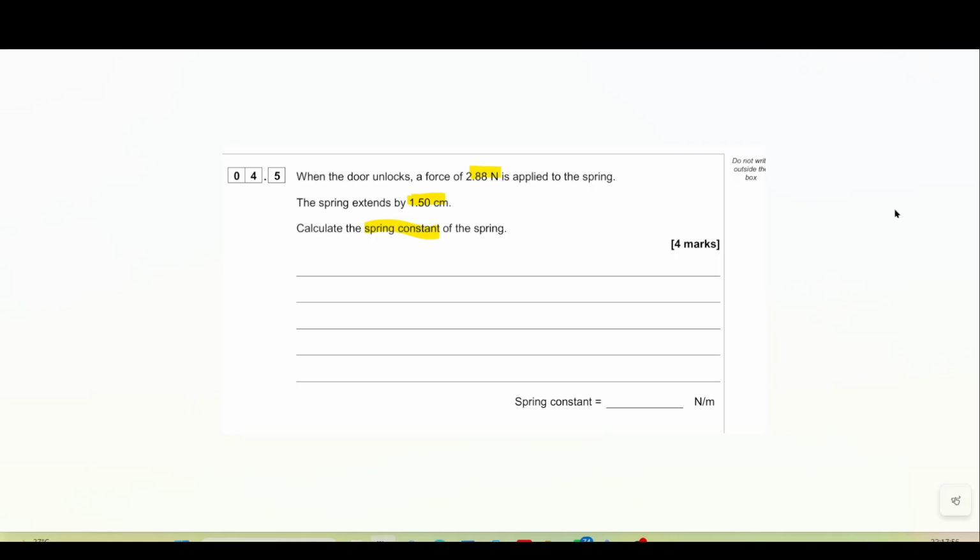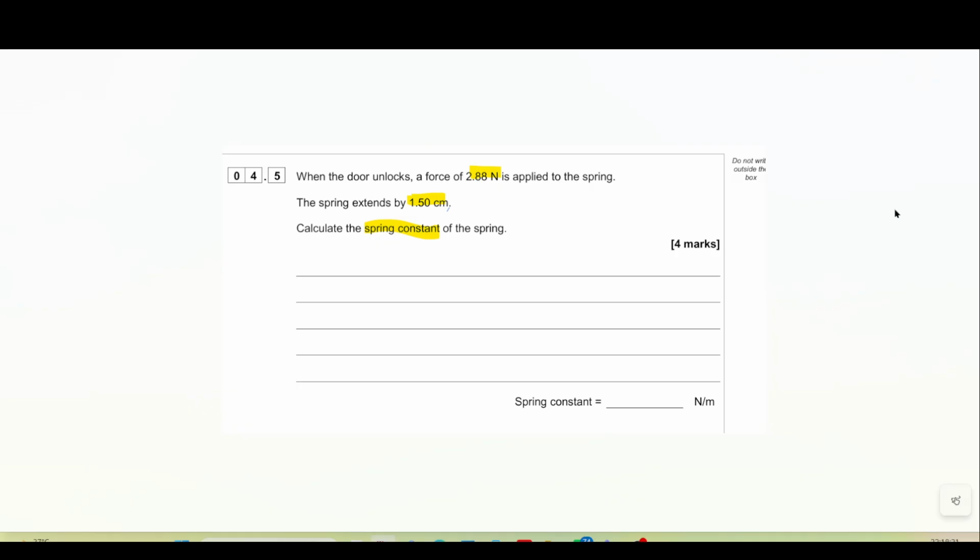Spring constant. Elastic potential energy equals 0.5 times spring constant times extension. No, there is no energy, that's not it. Not this one.